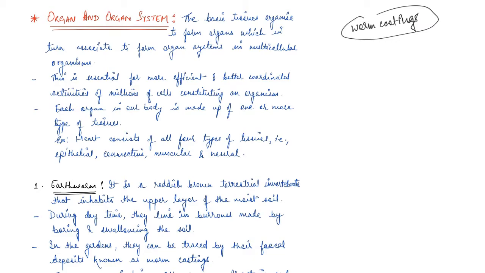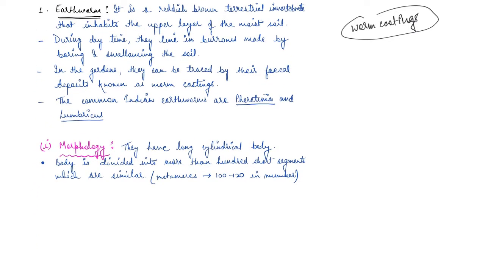So guys, there are two types of earthworms which are common in India. The common Indian earthworms are Pheretima and Lumbricus. They are mentioned here. So let's move on to the morphology of the earthworm.